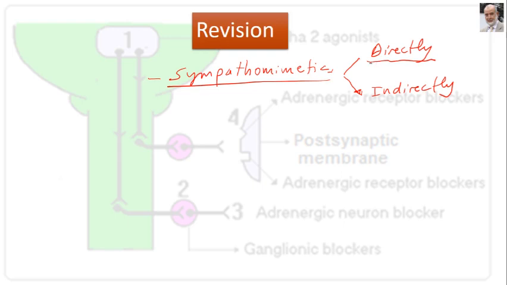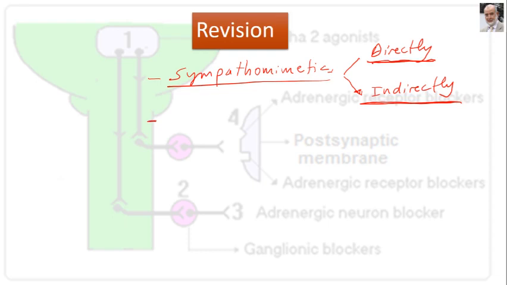They have very important clinical applications, which we described in detail in the previous presentation. Indirectly acting sympathomimetics, on the other hand, act by the release of noradrenaline, and we talked about their action and clinical indication as well.